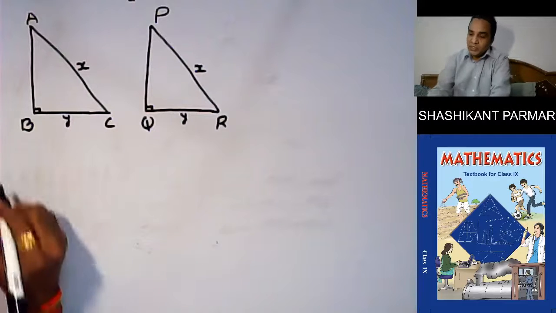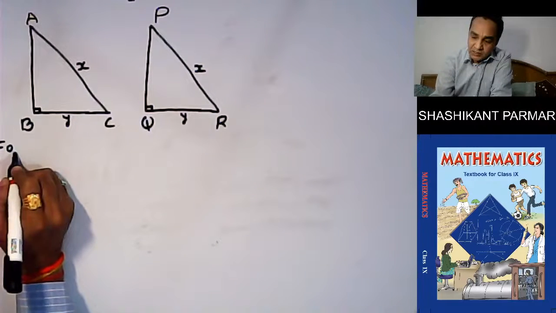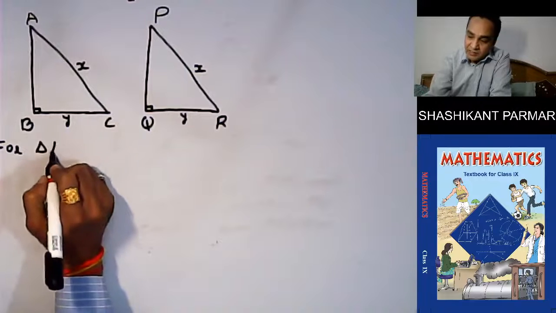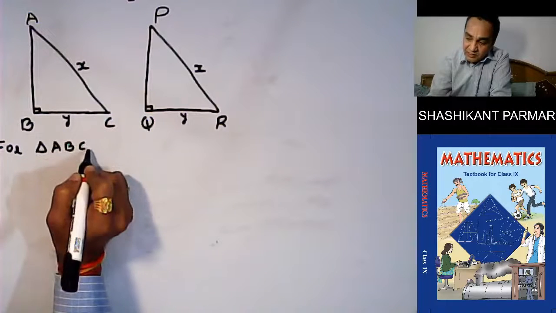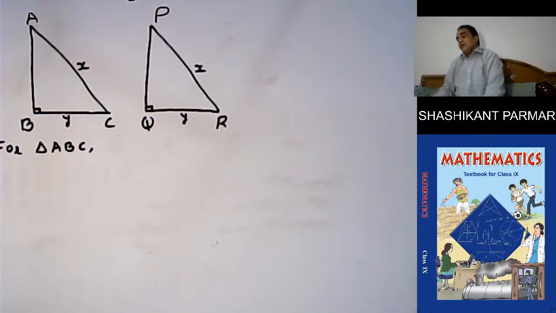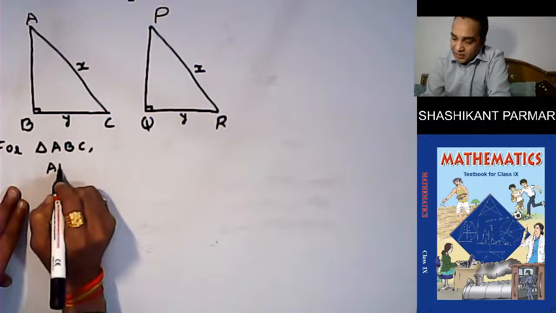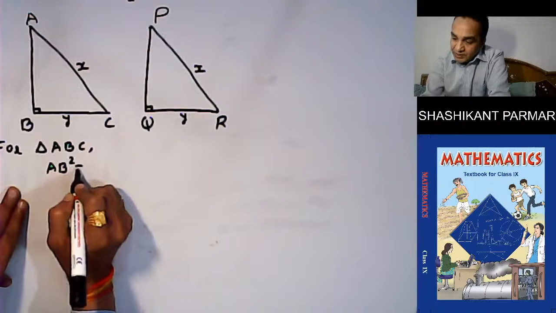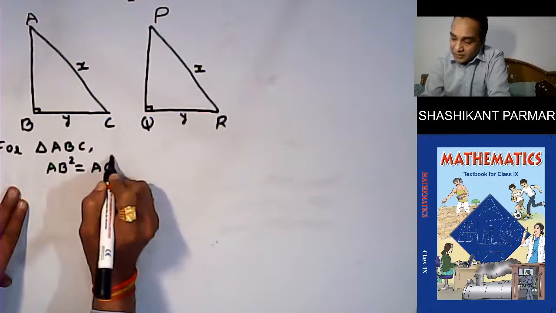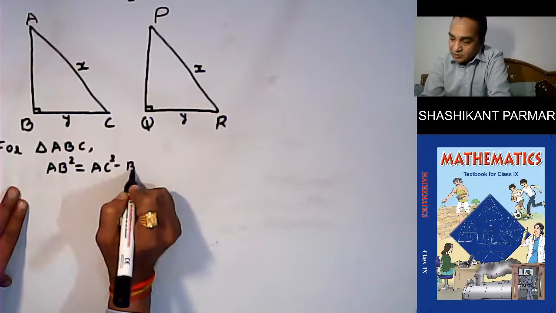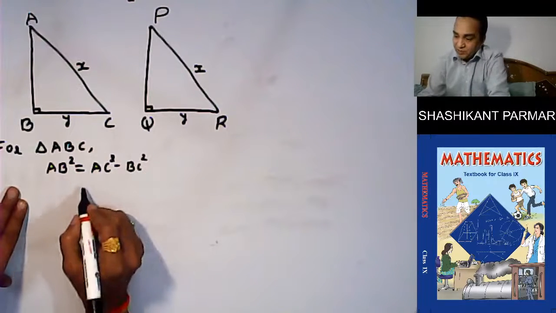Now for triangle ABC, apply the Pythagoras rule. You know that in ABC, AB square is equal to AC square minus BC square.